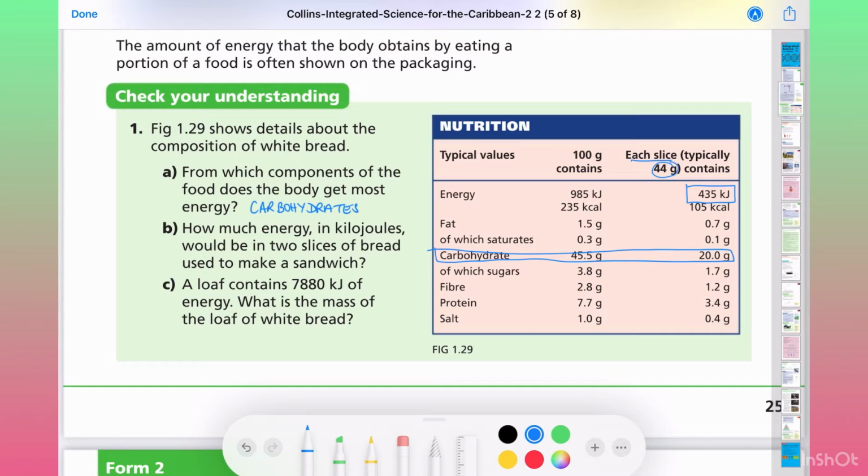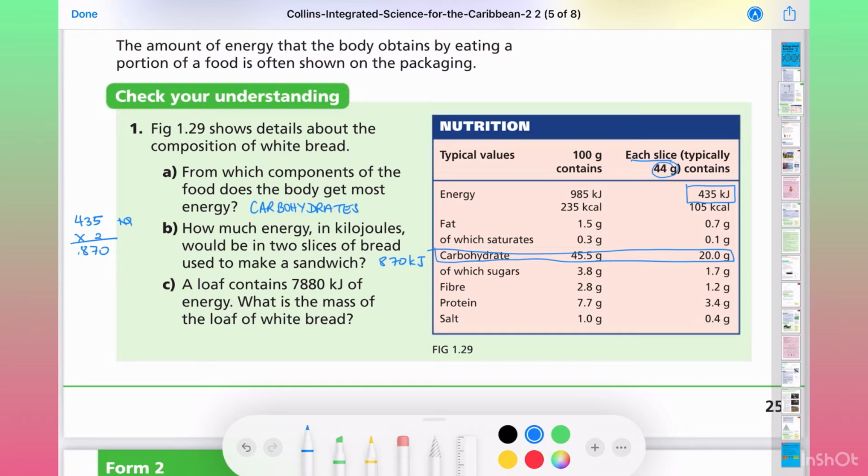So for part B, it will be 435 multiplied by 2 for the 2 slices of bread. 5 2s are 10, 3 2s are 6, and 1 is 7, 4 2s are 8. So we are looking at 870 kilojoules.